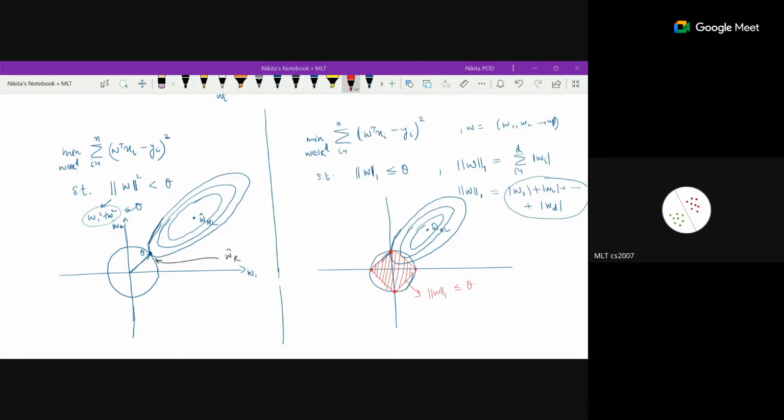When you have 3, 4, 5 dimensions, it is more visible that the ellipse is intersecting with the corners more often, and that's how we are able to get most of the wi's to be equal to zero. In this 2D case, only one point is becoming zero here.